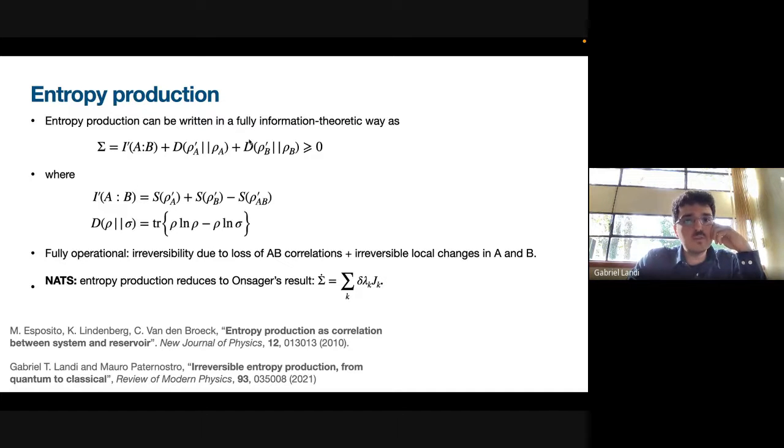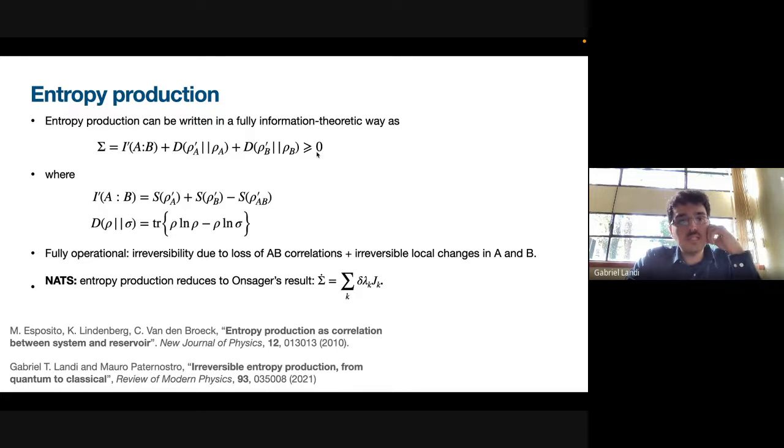Now, this correlation is part of the entropy production. And the other two terms are based on this object, which is called the quantum relative entropy. And it's a measure of distance. So essentially, the other two terms refer to the distance between the initial state of each unit and the final state, so rho A to rho A prime. And each of these three terms are non-negative, and so their sum is also non-negative, which is a manifestation of the second law.